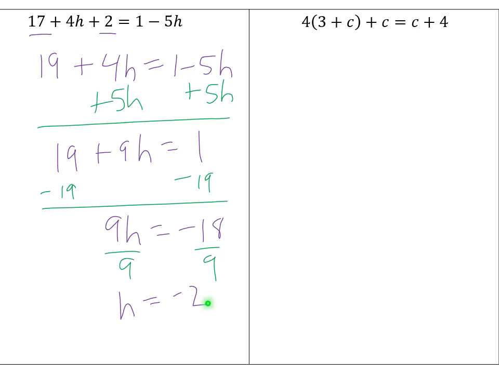And we can check that by plugging in negative 2 here. 4 times negative 2 happens to be negative 8. 19 plus negative 8 is 11, so the left side is 11.